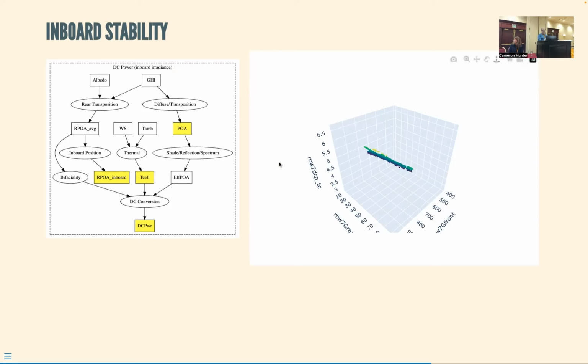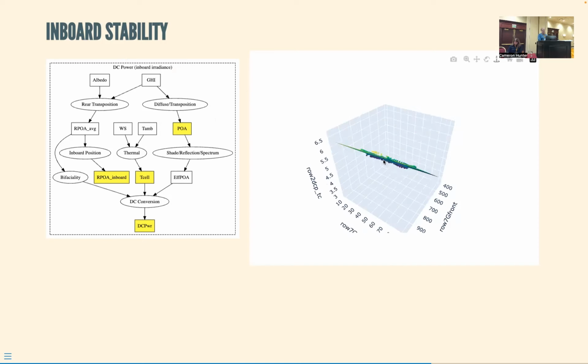So I'm basically doing a temperature correction on the power, the DC power, and just having two axes showing independently the front side POA and the rear side outboard POA. Well, in this case, not the outside. So this is the inboard measurement.